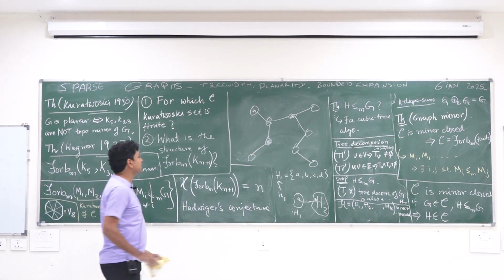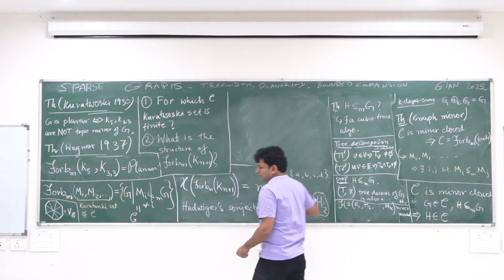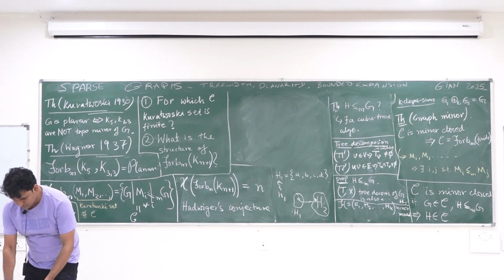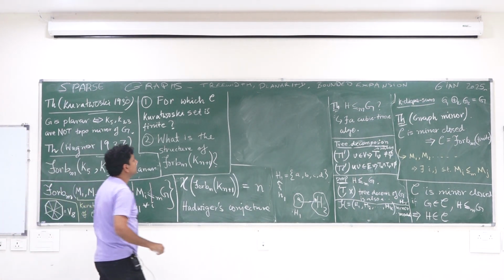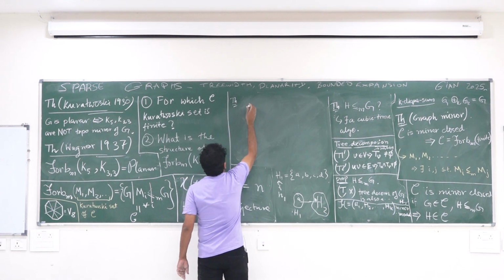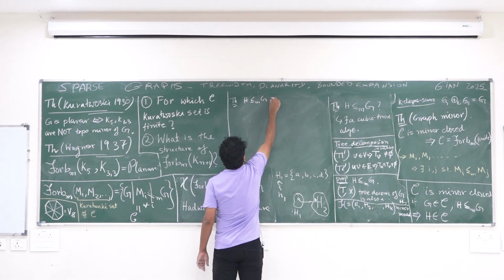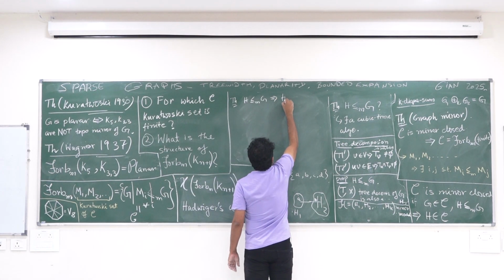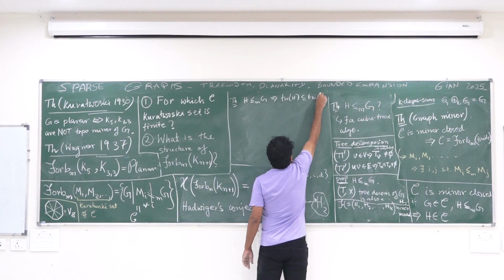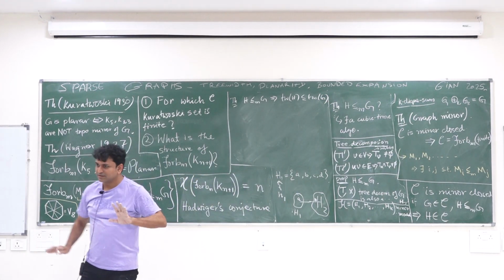So from here what I can say is, H is a minor of G implies tree width of H is less than or equal to tree width of G. Okay.